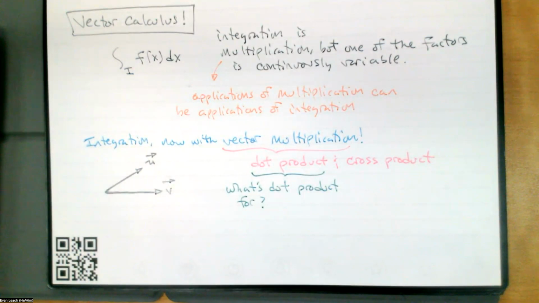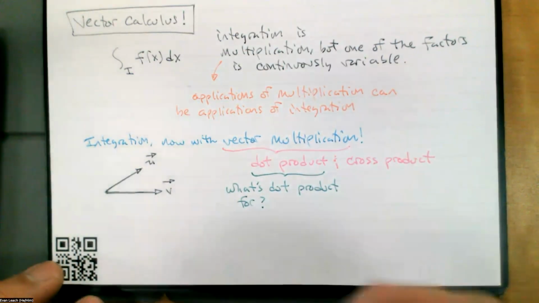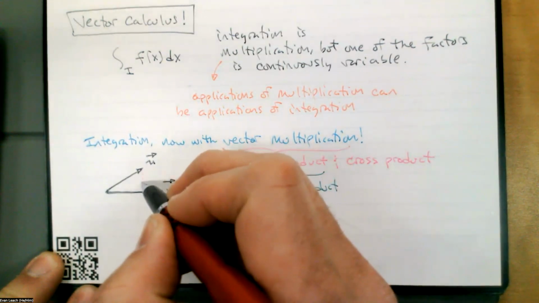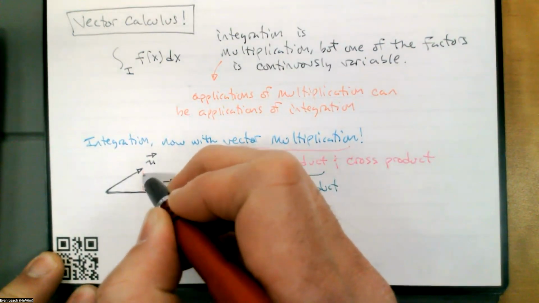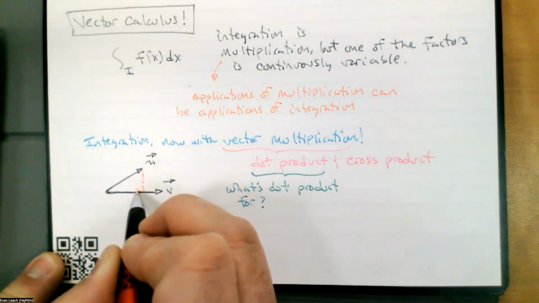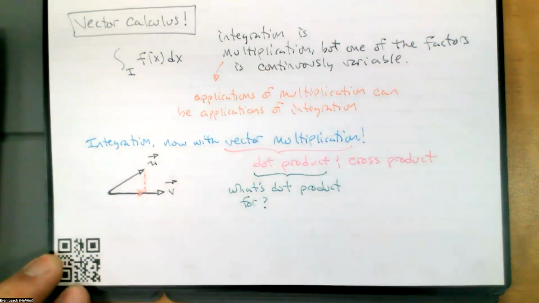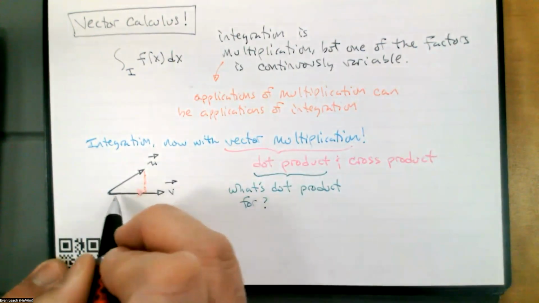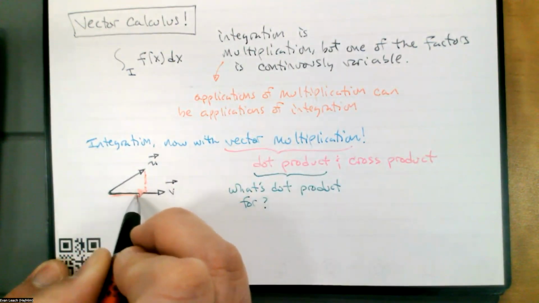On one hand, it tells us how much of one vector is going in the direction of the other vector. Then that gets multiplied by the length of the other vector. But u dot v is going to be the magnitude of u times the magnitude of v times the cosine of the angle between them.